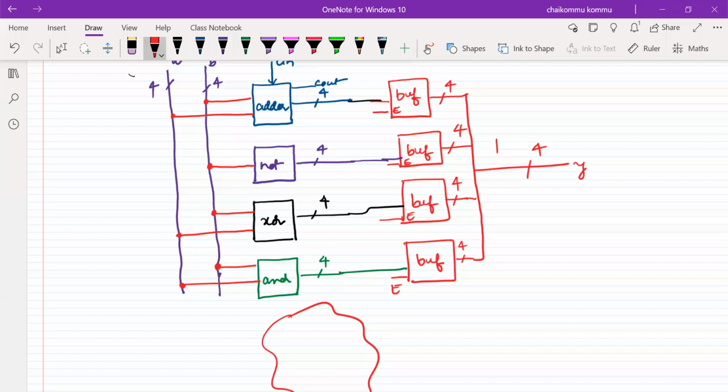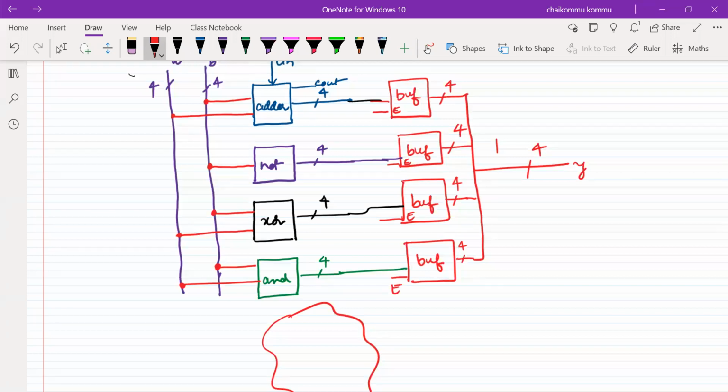If you see the 2x4 decoder, for example, what does it do? It produces 4 outputs. If you see carefully, only one output will be active, other outputs will be 0. That is the device that I'm going to use here in order to select one particular buffer.